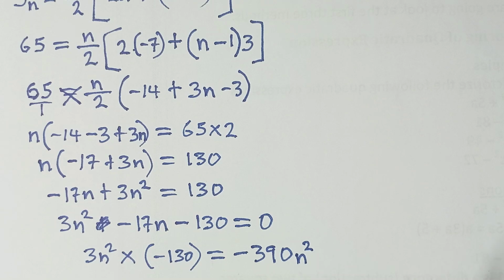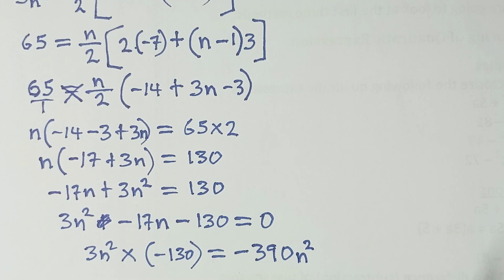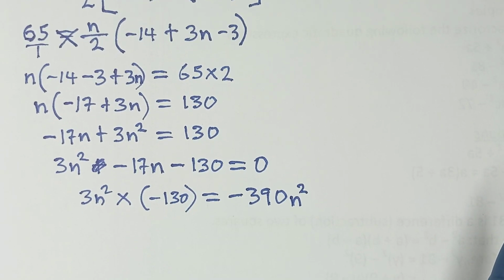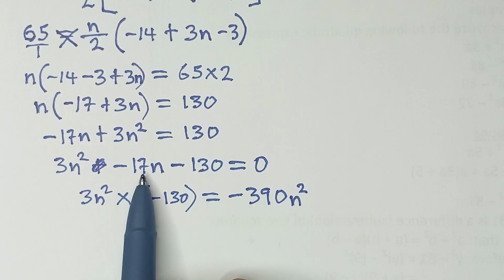So now, the next thing for us to do is to look for two numbers in n such that their product will give us negative 390 and their sum will give us negative 17, because we are solving the quadratic equation now. That is how to solve the quadratic equation.